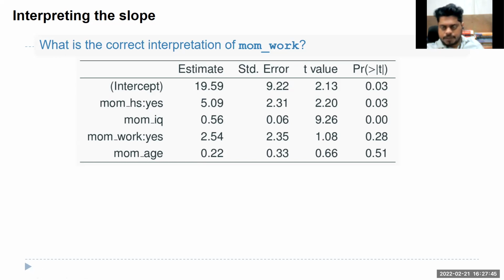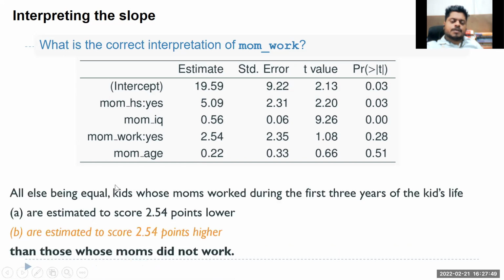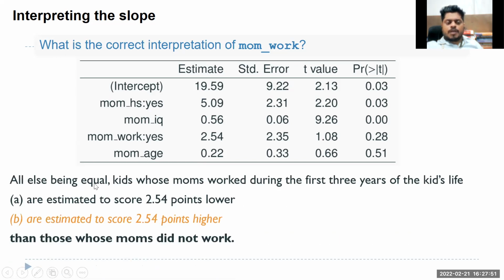So if I want to interpret this for the sample data which I have collected: all else being equal, kids whose moms work during the first 3 years of their life are estimated to score 2.54 points higher than those whose moms did not work.